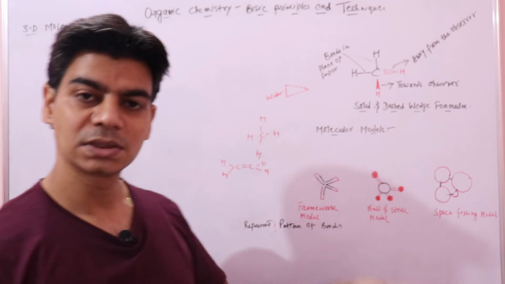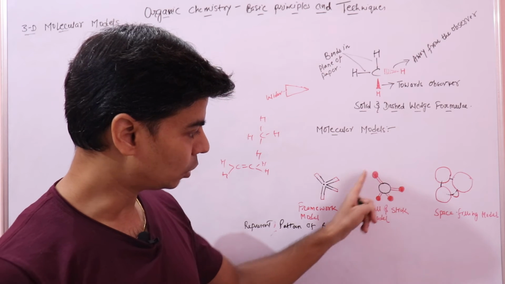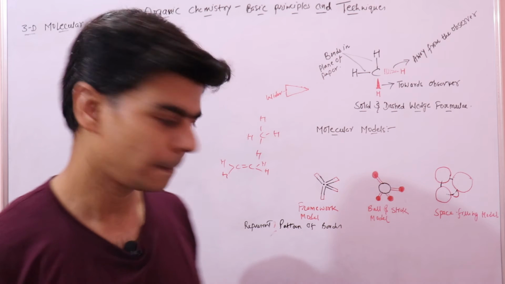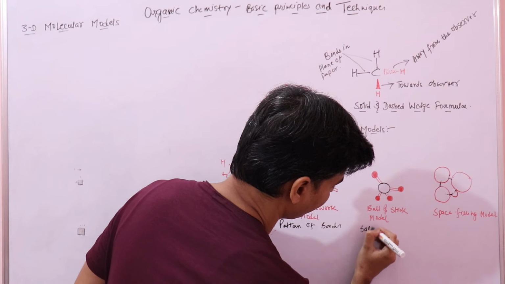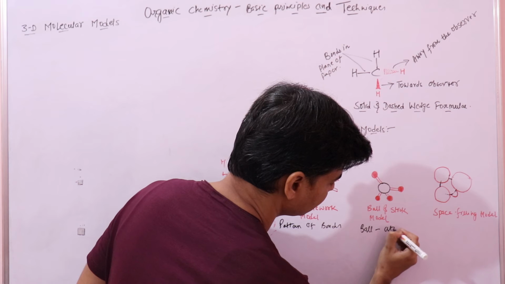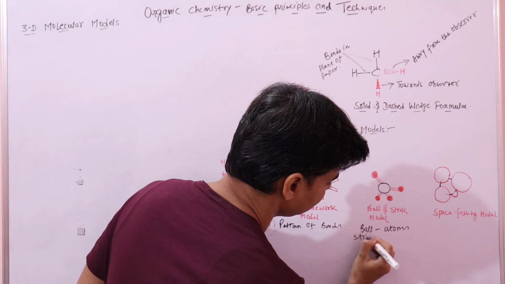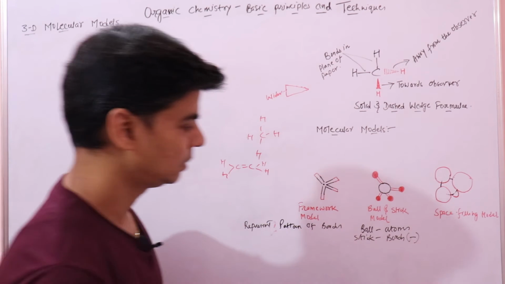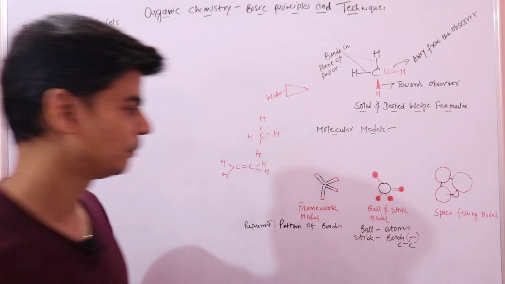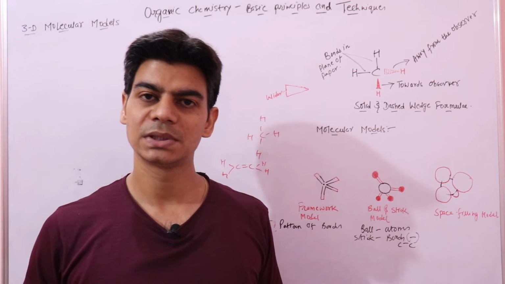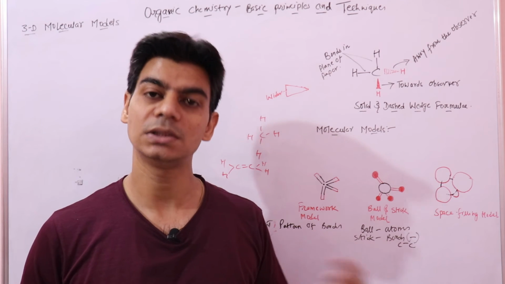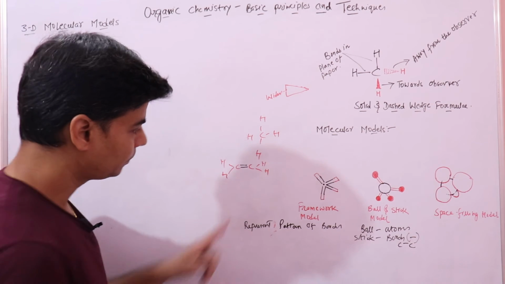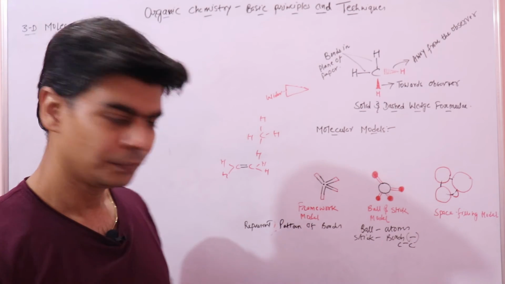Then you have the ball and stick model, in which the red balls represent atoms, and the sticks represent bonds, specifically single bonds, like carbon-carbon single bonds. Now, if you want to represent a double or triple bond for unsaturated compounds like ethene, the double bond is represented in the ball and stick model using springs.